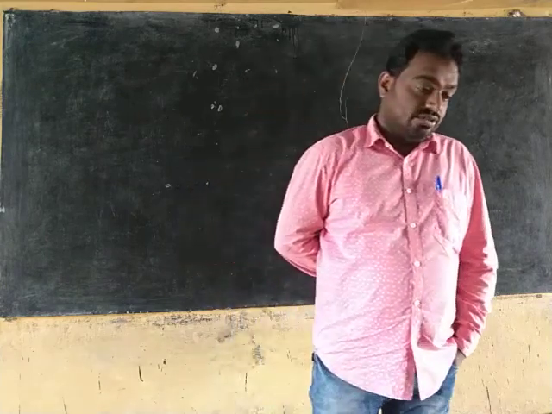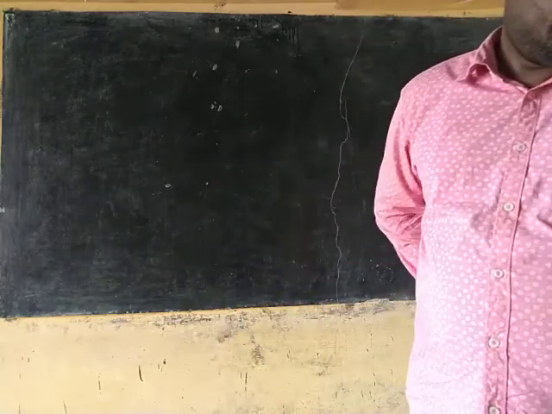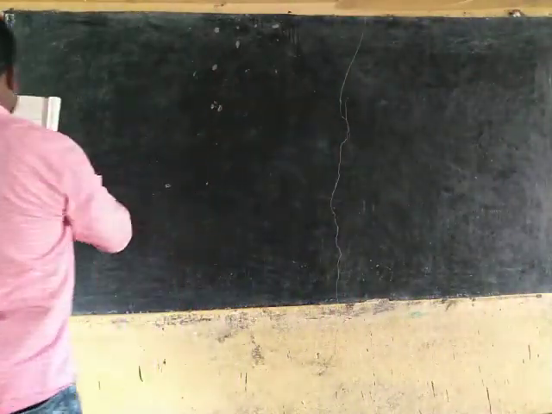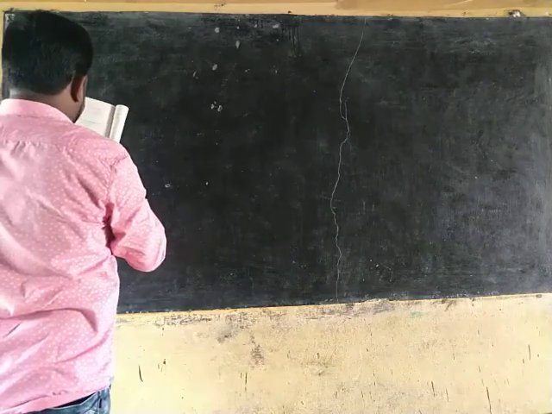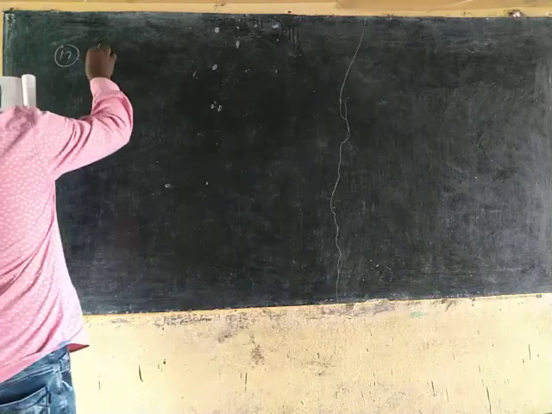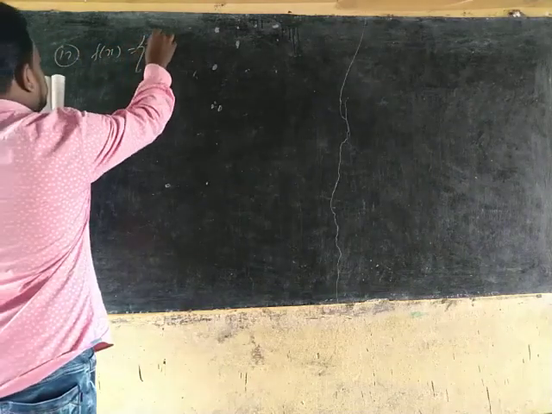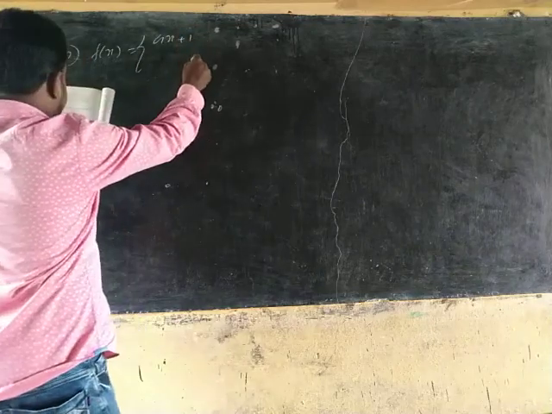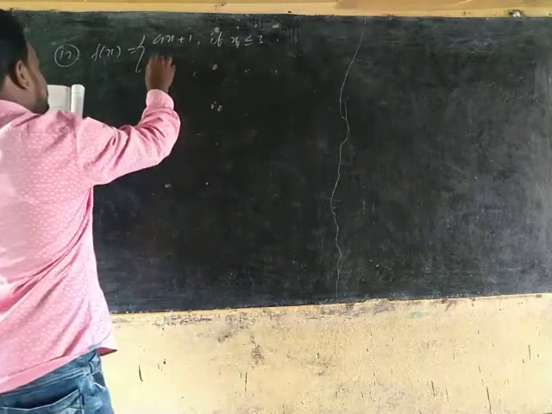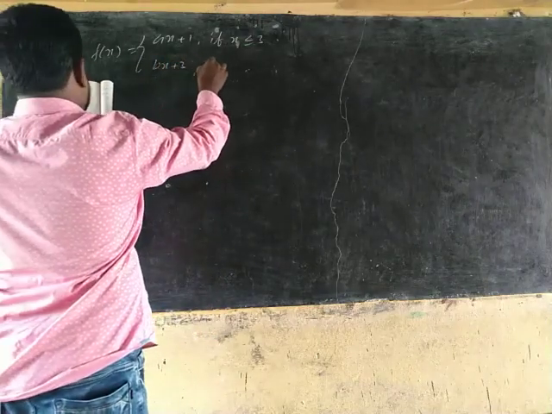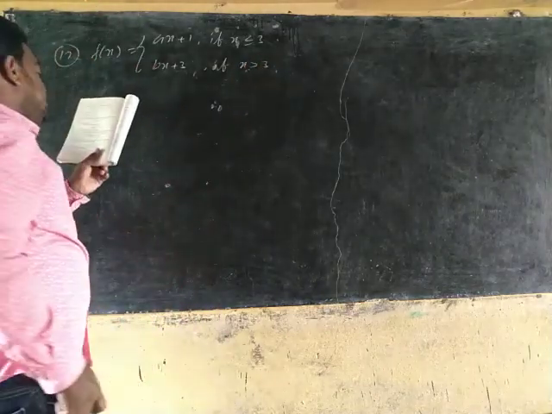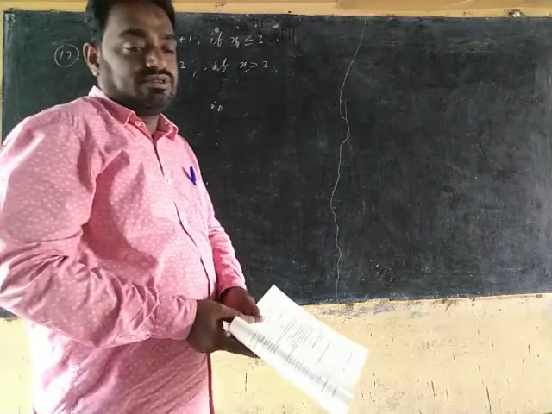Okay. Now question number 17, you see. Find the relationship between A and B so that the function f defined by f of x is equal to ax plus 1 if x is less than or equal to 3, bx plus 3 if x is greater than 3, is continuous at x equals 3.